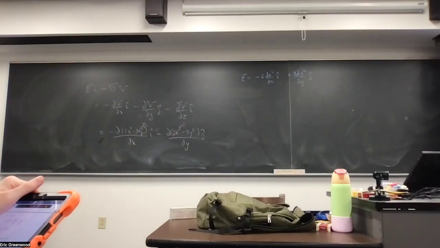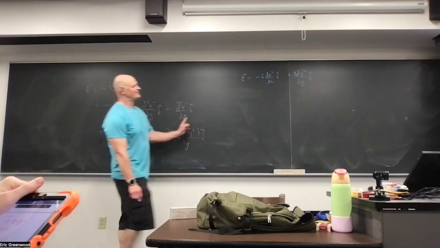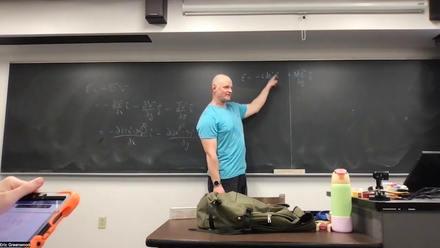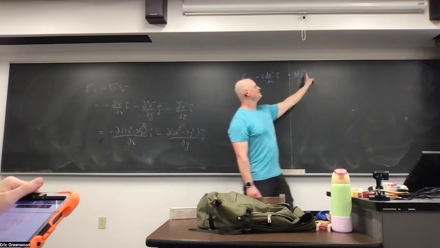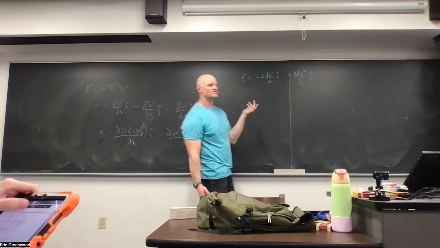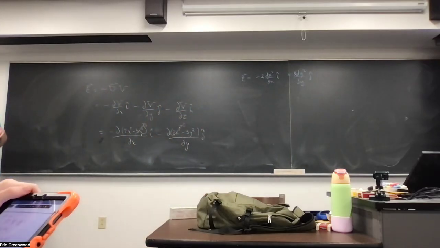Now notice I promoted the partial derivatives into full derivatives. The reason I did that is because this only depends on x, which means I don't have to worry about the partial anymore because the partial is the same thing as the full derivative. Same thing here, this only depends on y, so instead of being a partial, it's a full derivative. Okay, subtle differences, but it's okay.